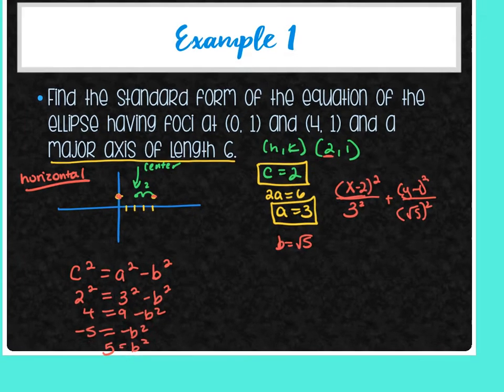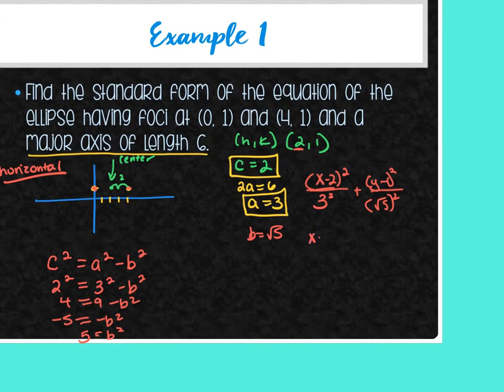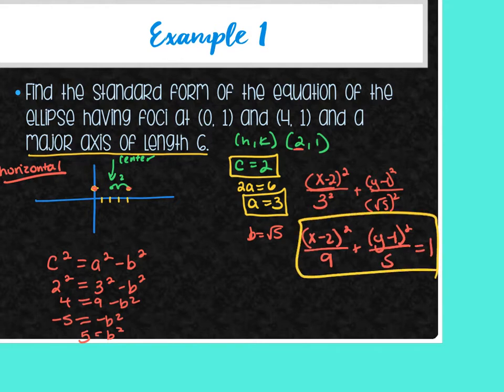So you don't even have to go that extra step. I get (x minus h) squared over 9 plus (y minus k) squared over 5 equals 1. So the ellipse is always equal to 1. That's the standard form of your equation.